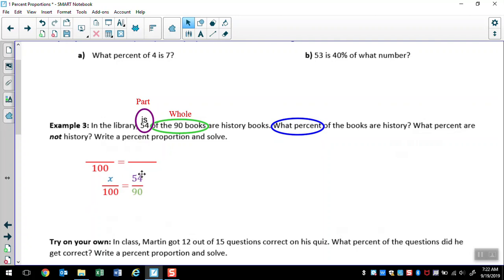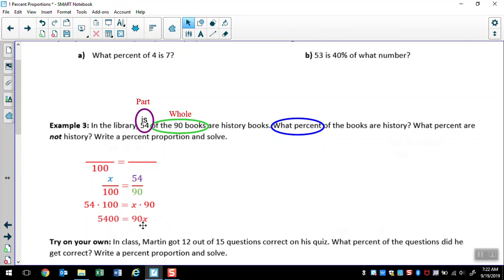What percent is 54 of 90? Now let's solve. Again, we're going to multiply our diagonals. Doesn't matter the order that you do this in. So 54 times 100 is going to equal 90 times x. We can simplify that down just a little bit.